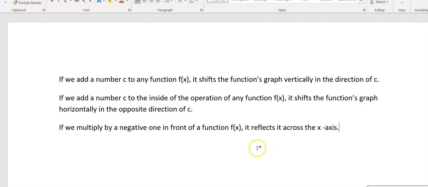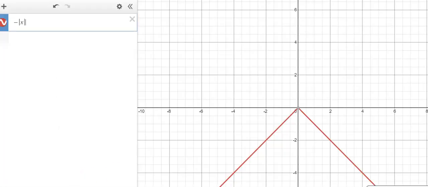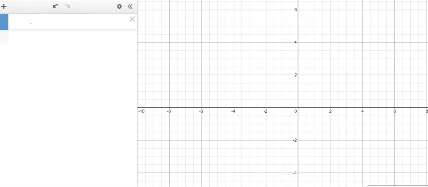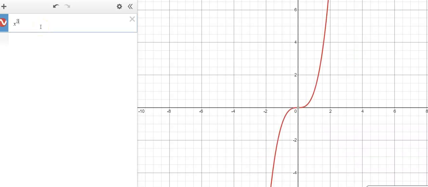Okay. All right. So I'm going to use a little bit different function for this one, mainly because you won't see a difference if I use absolute value of x. But let's use the x cubed graph. We know what that looks like. That is, again, one of our library functions.